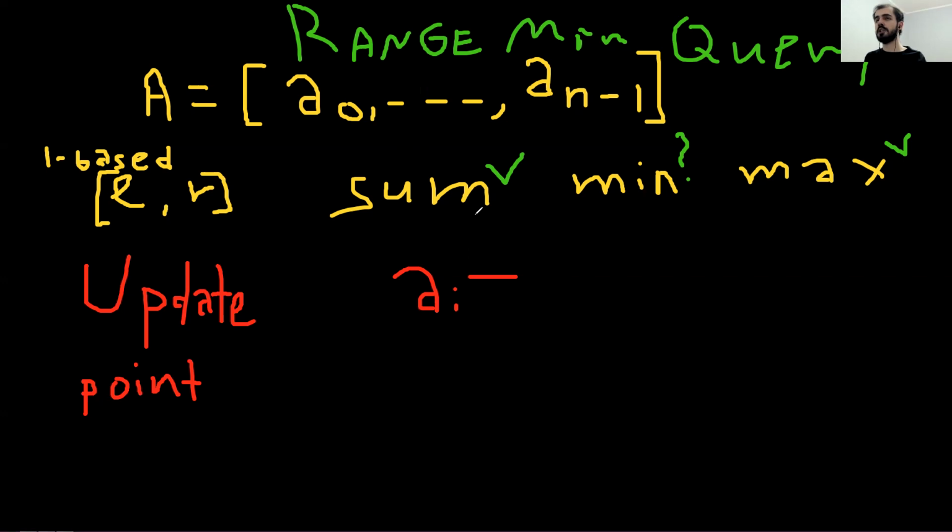And clearly our data structures do not work well. They are pretty static, right? Once you compute prefix sums, if one number changes, it means that all prefix sums since that point are wrong. If you precomputed a sparse table, it means every segment that contains that point is wrong. And that's pretty much every segment.